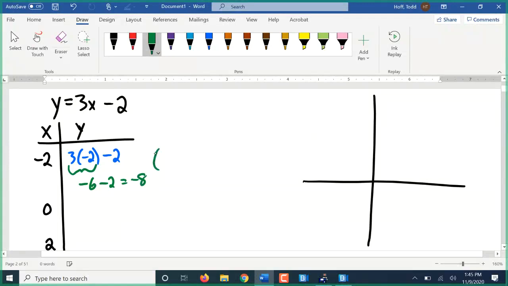So this gives us the ordered pair: when x is -2, y is -8. x is -2, y is 1, 2, 3, 4, 5, 6, 7, 8. So right about there is where that ordered pair would be plotted on our graph.